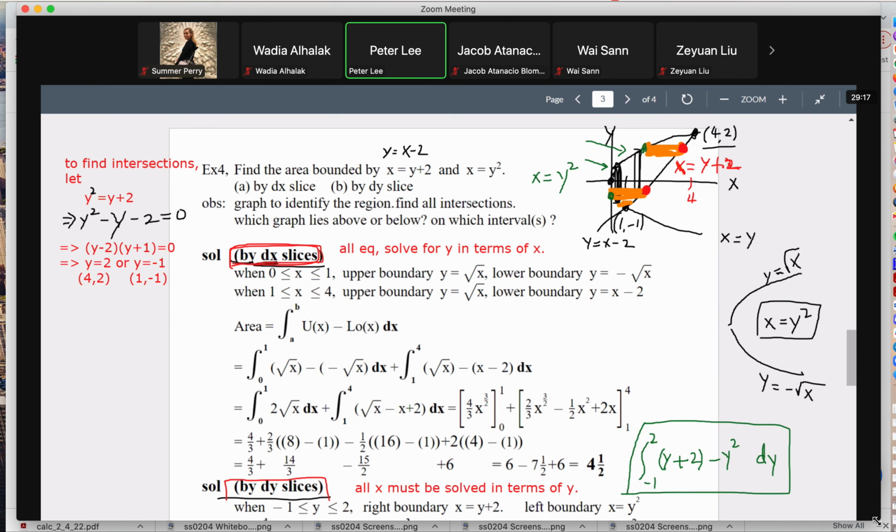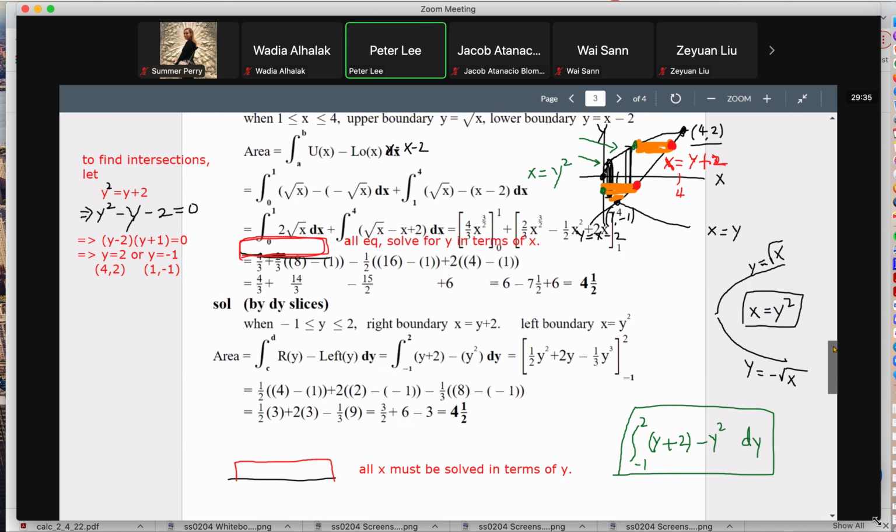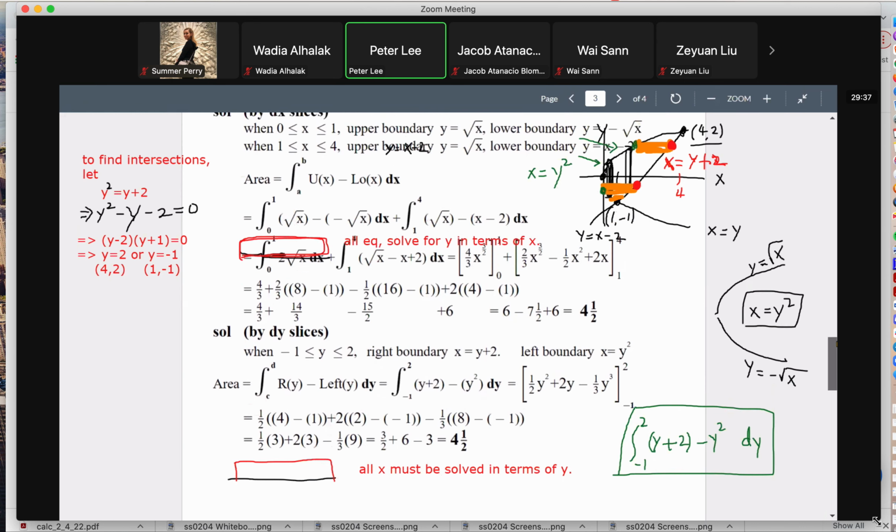Do you have any questions here? Any questions? Now I'm going to save this page, and without erasing, let me just scroll this down a little bit. If you scroll down here, you can see that is the interval right there.